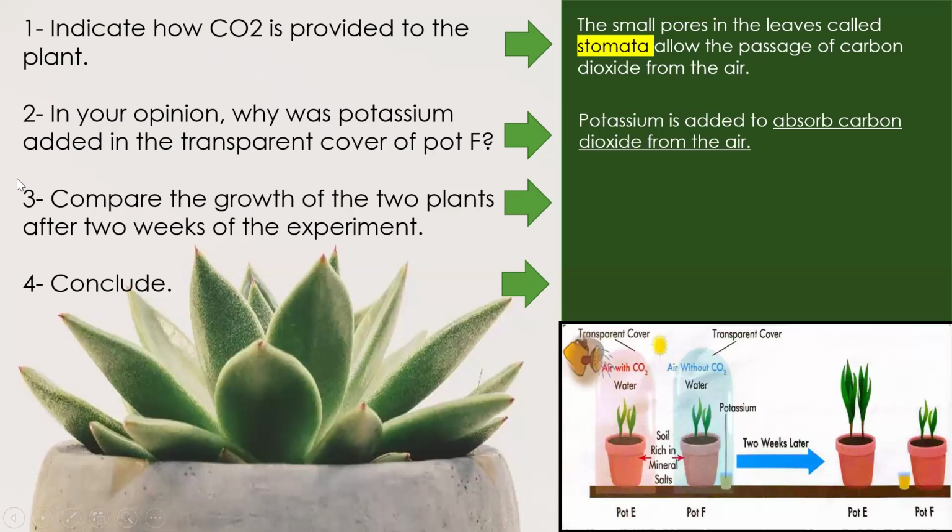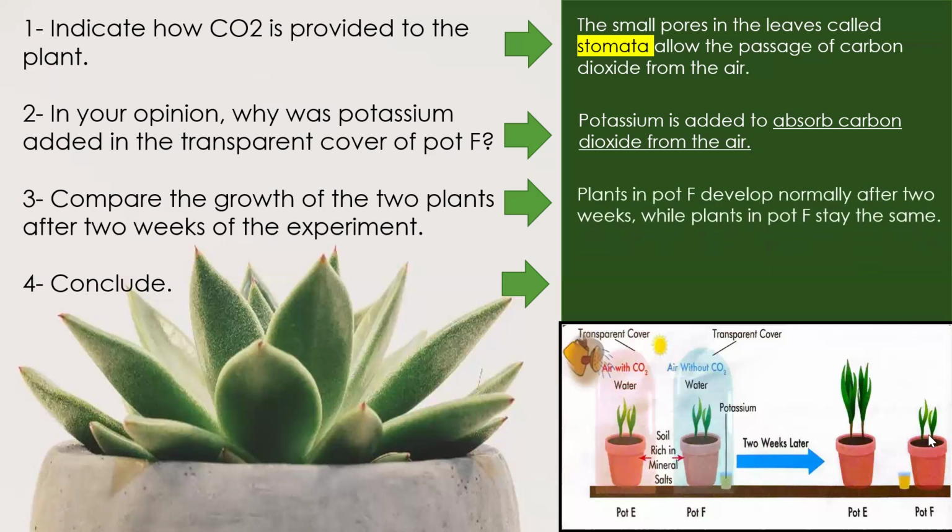Number three, compare the growth of the two plants after 2 weeks of the experiment. If you look at the results in pot E and pot F after 2 weeks, you will see that pot E grows normally, while the plant in pot F stops growing.